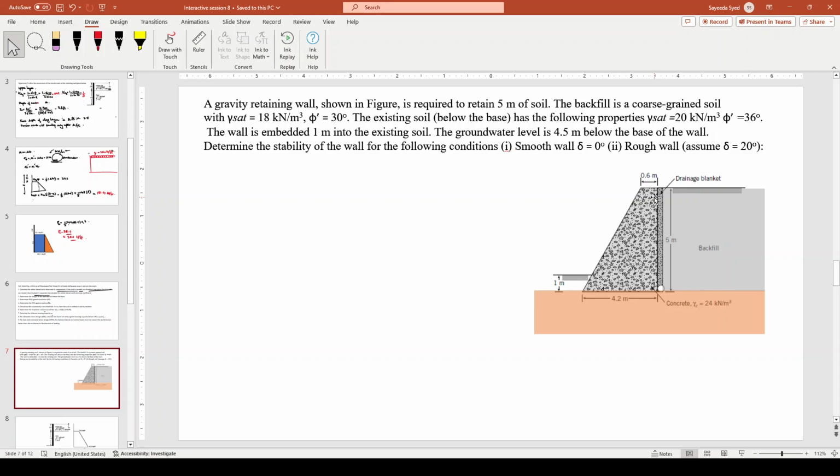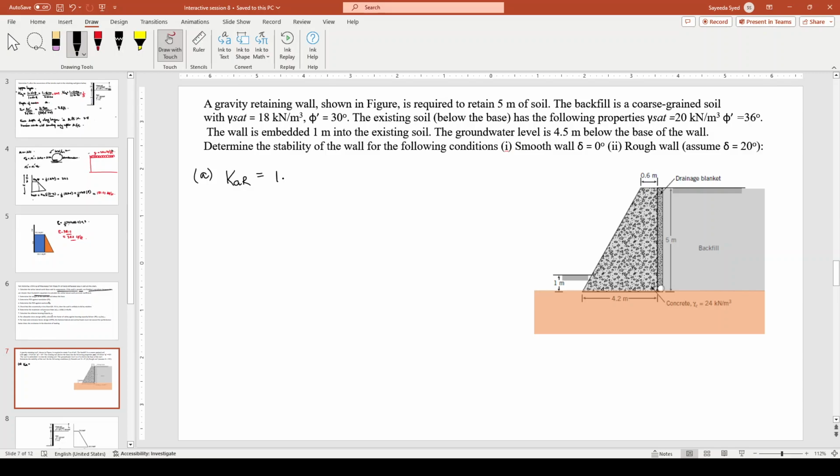For case 1, we will have Ka, let's say Rankine, equals 1 minus sine 30 over 1 plus sine 30. This will come out to be 1 over 3.